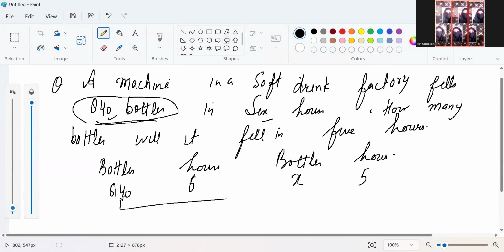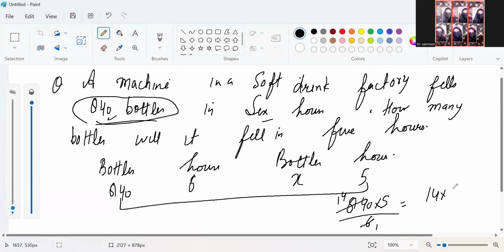So when this is a direct proportion, we will multiply these two and divide it by 6. So 6 1 are 6, 6 4 are 24, 14 into 5, it will be 70, 700 bottles. In 5 hours, when the time has reduced, fewer bottles will be filled.